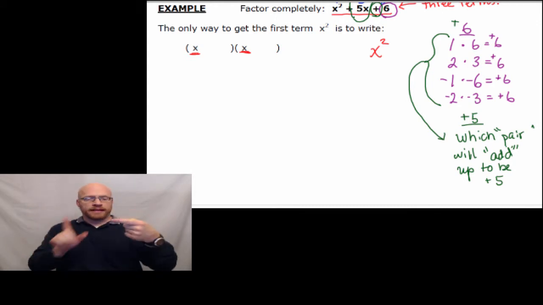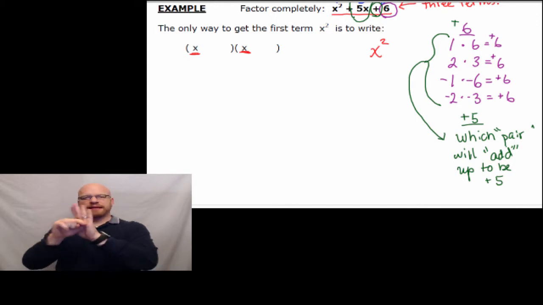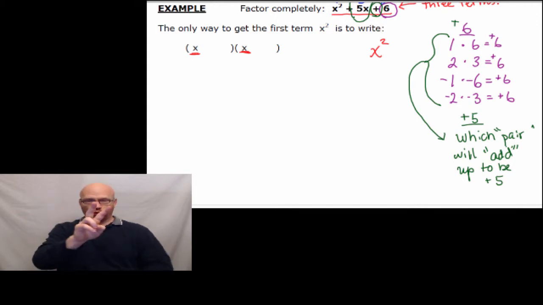There could be other pairs that satisfy this. So we have negative 1 plus negative 6, negative 7. And then negative 2 plus negative 3, that's negative 5.